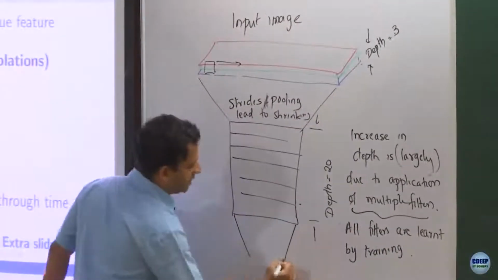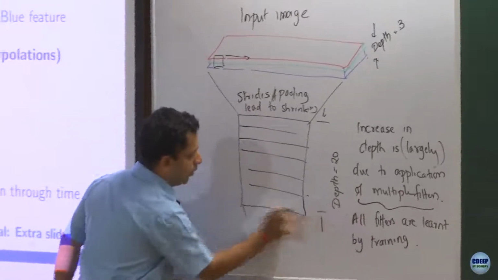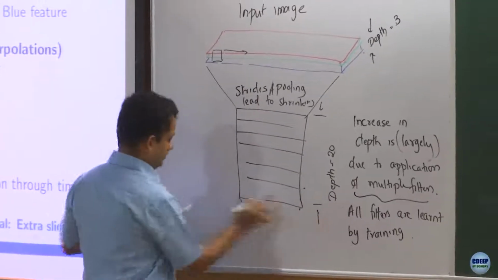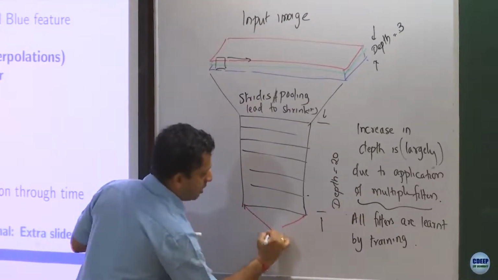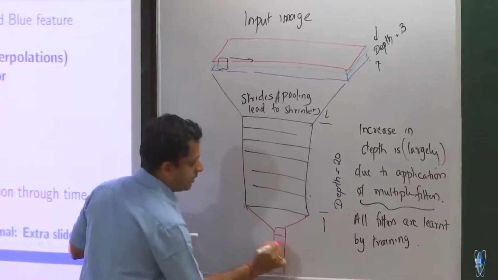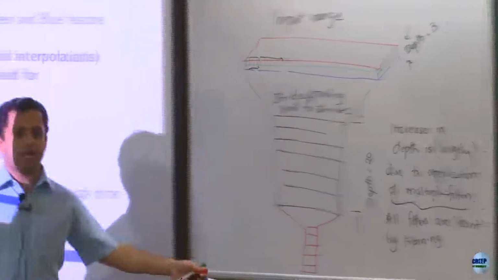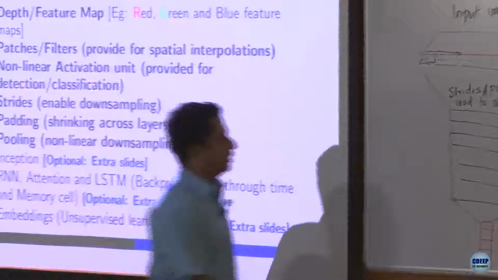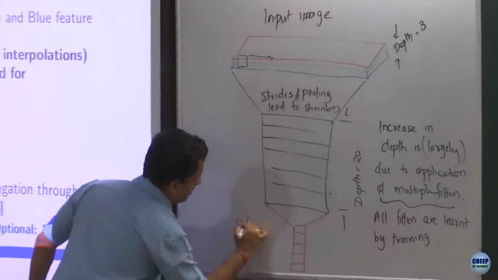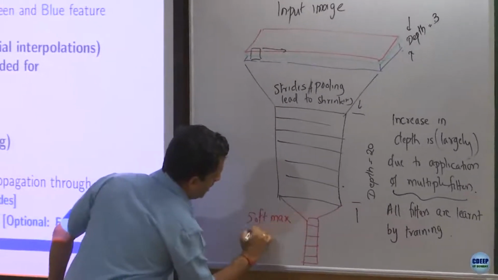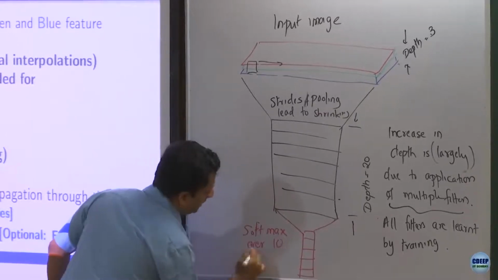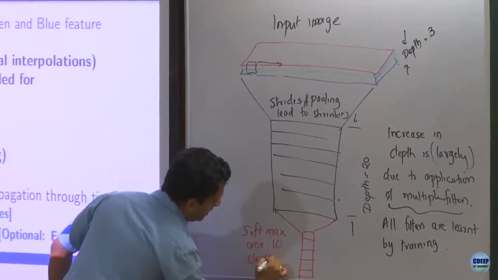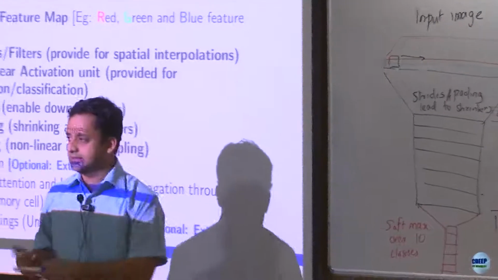And finally, after some more processing, these are different colors, what you will get is softmax. I mean, ultimately you will do softmax, say softmax over 10 or whatever, 10 classes. For example, the 10 digits, the softmax over 10 classes.